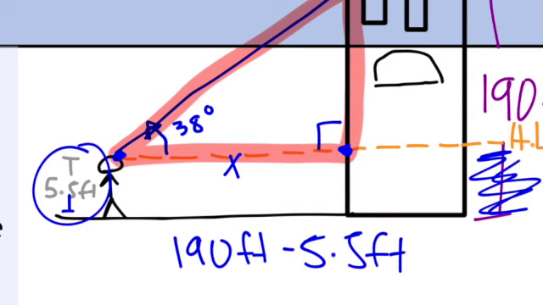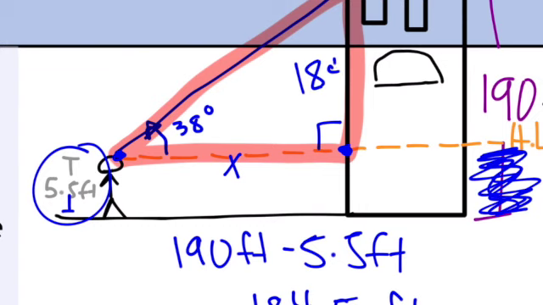I'm taking this piece away. So 190 minus 5.5 feet gives me 184.5 feet. So now that's the height of my triangle here. 184.5.